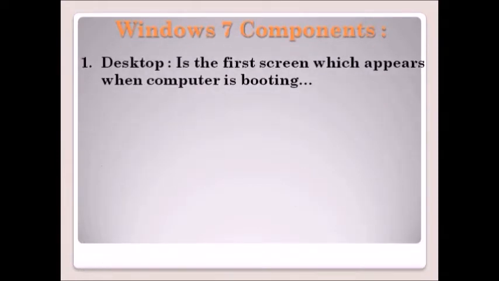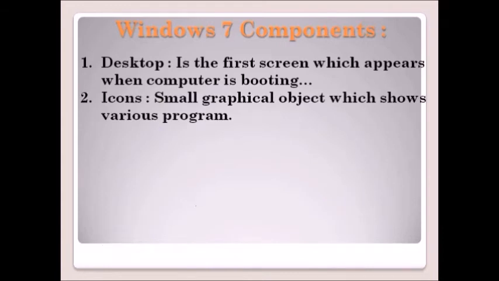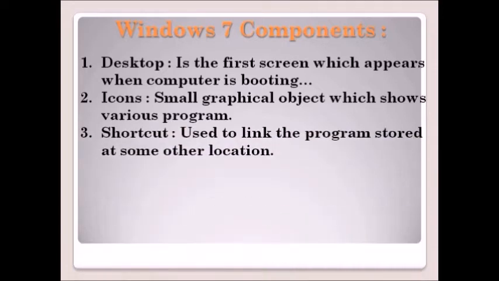First is the desktop. The desktop is the first screen which appears when the computer is booted with the Windows 7 operating system. Next are the icons, small graphical objects which show the various programs, files and folders. The associated program can be opened by double clicking these icons, for example the control panel, computer, folders, recycle bin, files, etc. Then shortcuts.